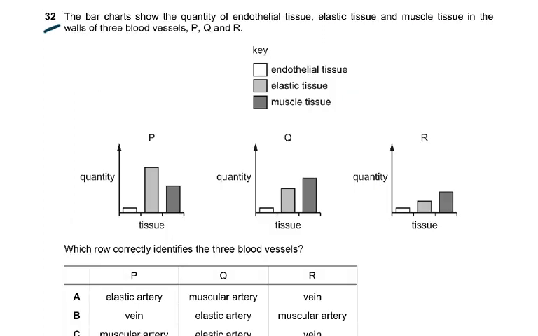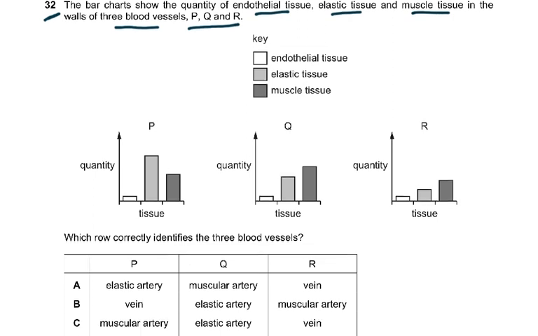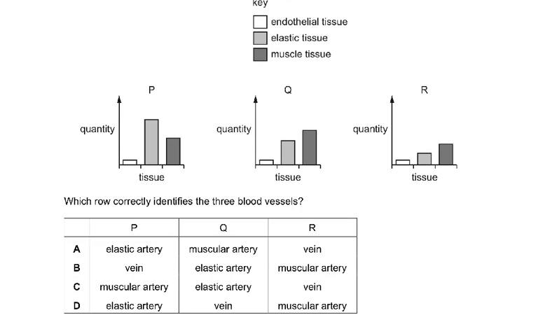Then question 32, the bar chart shows the quantity of endothelial tissue, elastic tissue and muscle tissue in the walls of 3 blood vessels P, Q and R. First of all, let's look at P, Q and R. Endothelial is the same in all of them.